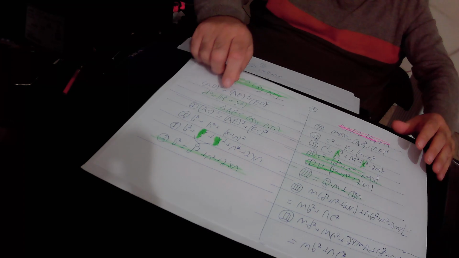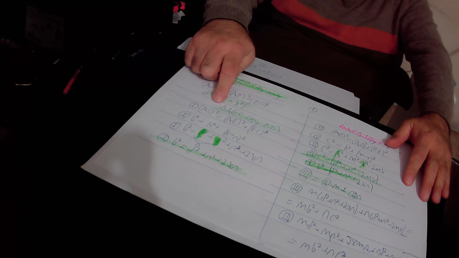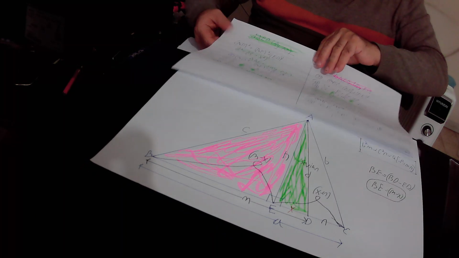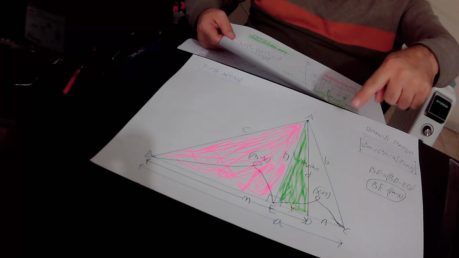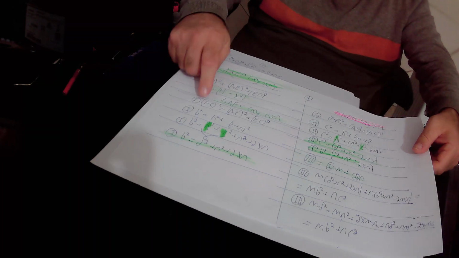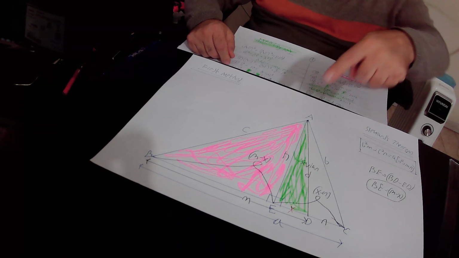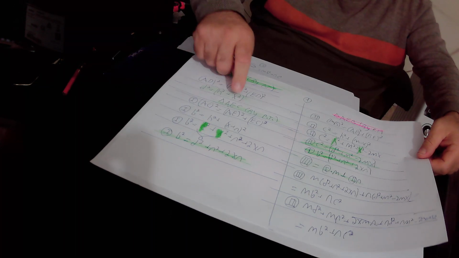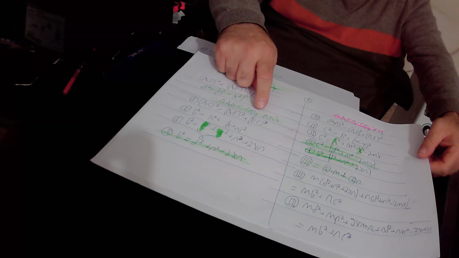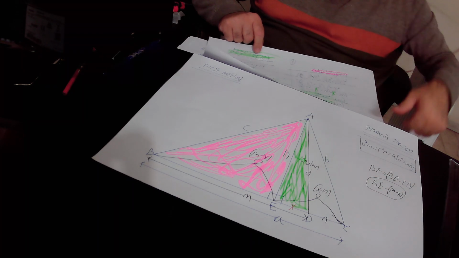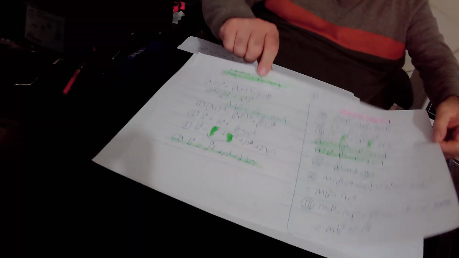AC is B, AC equals B units in length, therefore AC square is B square. AE is H, therefore AE square is H square, and finally here EC equals X plus N, therefore EC square is X plus N square.